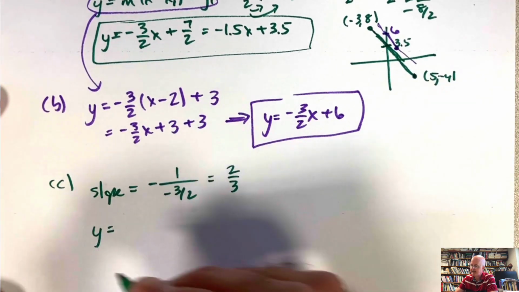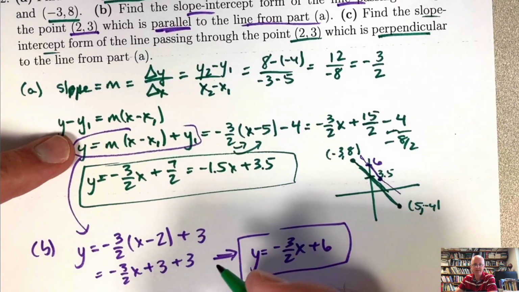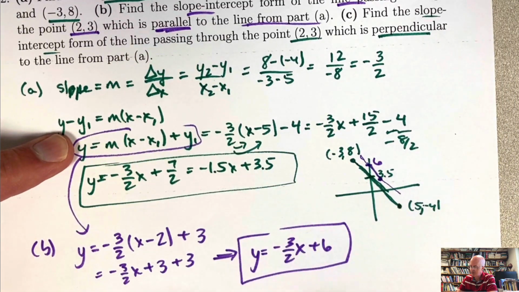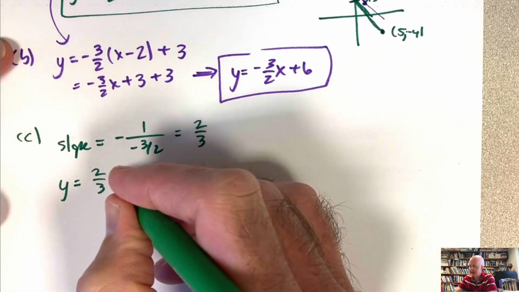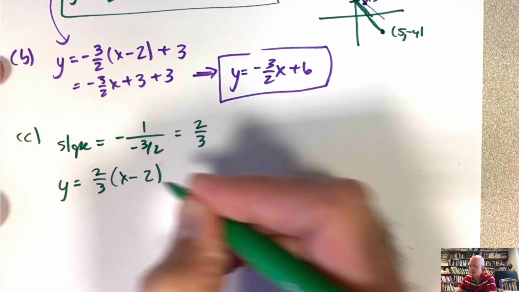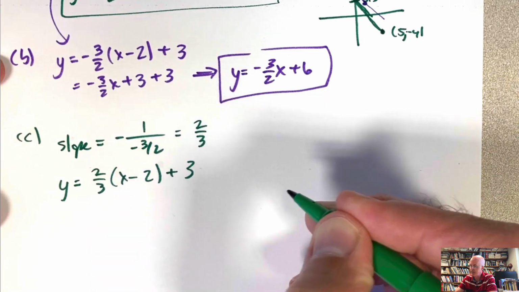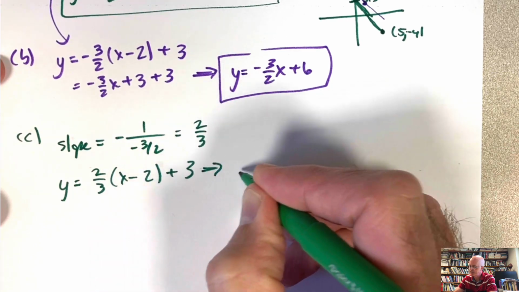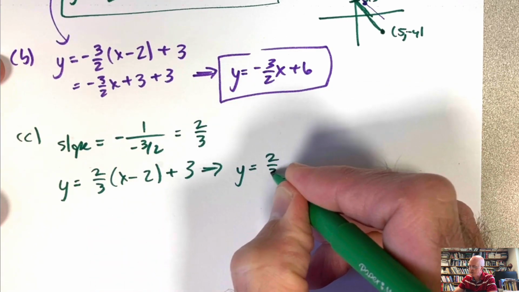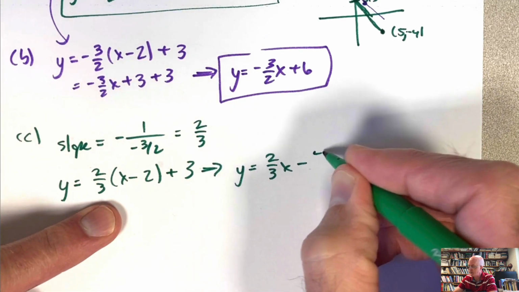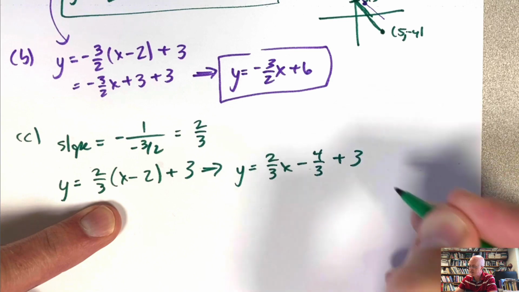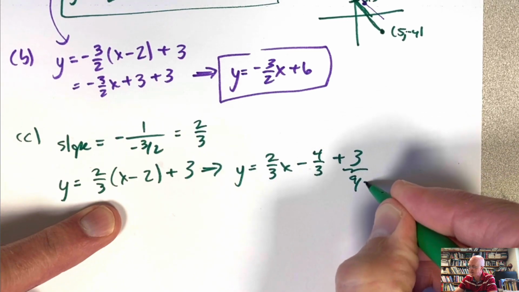So going back now to point-slope form, like that again, replace m with +2/3 and replace x1 with 2, just like in part B, and y1 with 3, and then simplify. y will be 2/3 x. Distribute this 2/3 through, we'll get -4/3, and then a +3. 3 is the same as 9/3.